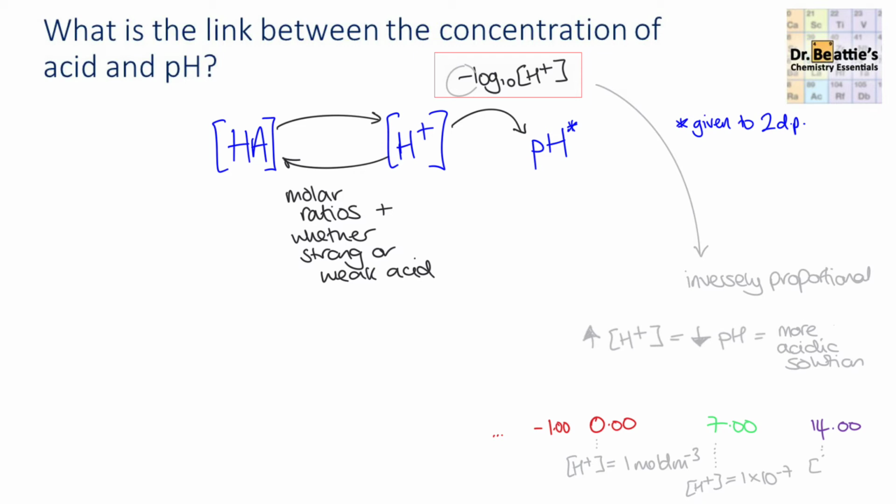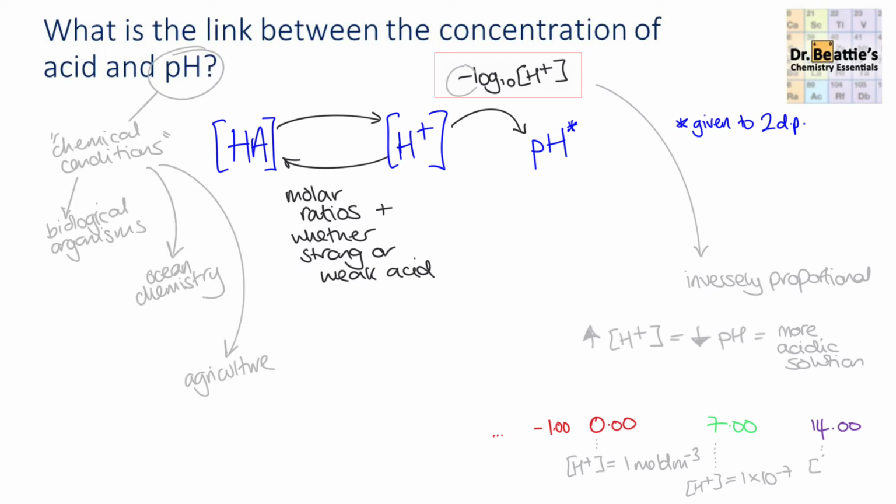The reason pH is so important as a measurement in chemistry is because it gives an indication of the chemical conditions of a reaction or of a more complicated system.